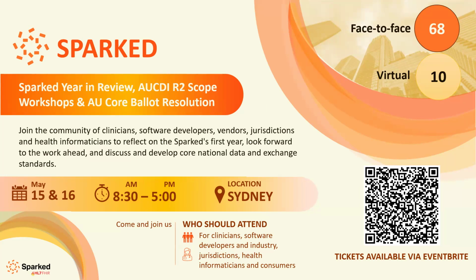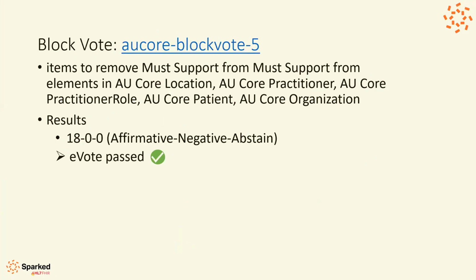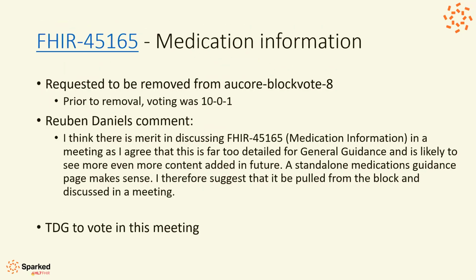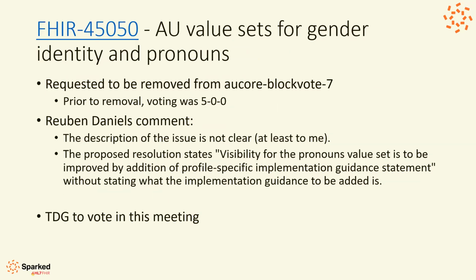Excuse me as I whiz past a few slides. Here we go. So out of block vote, this was block vote 7, which was looking at the substantive changes around AU Core patient, organisation, practitioner role, and AU Core organisation.